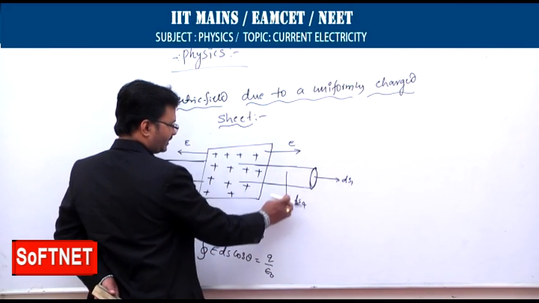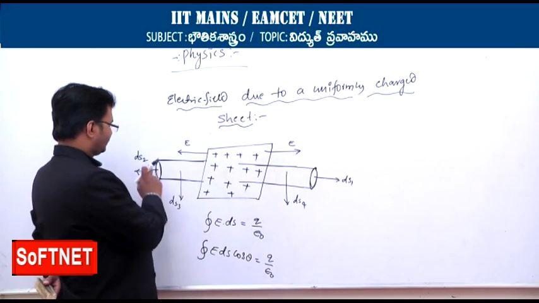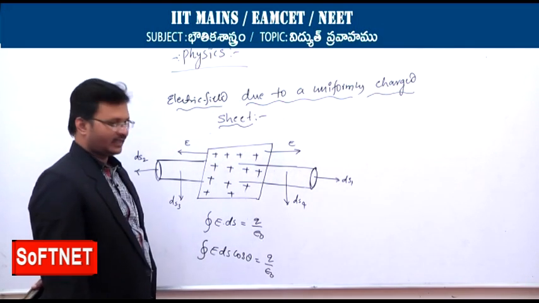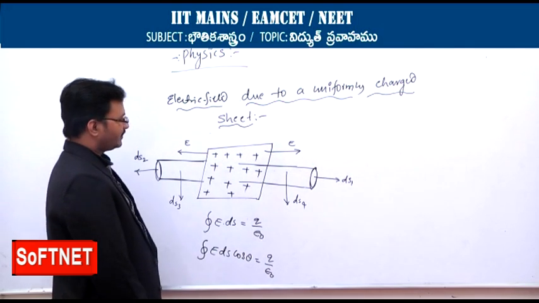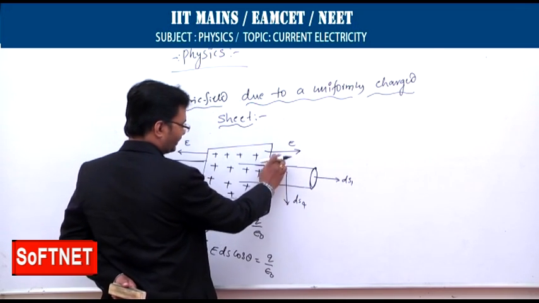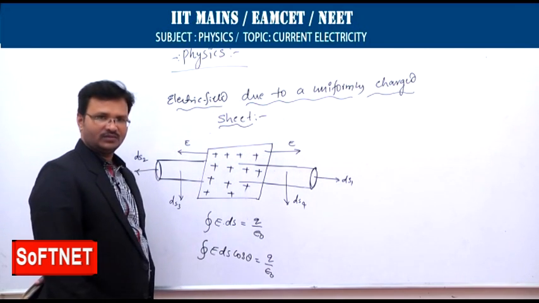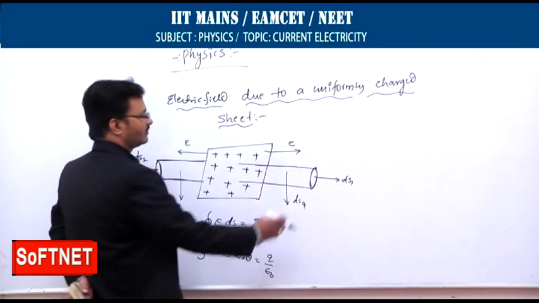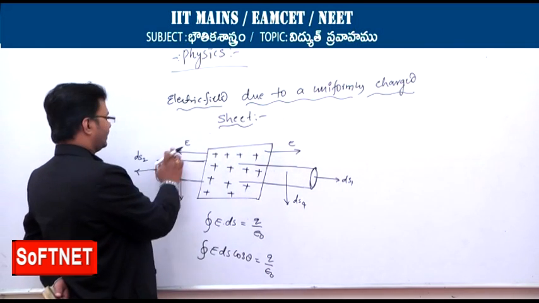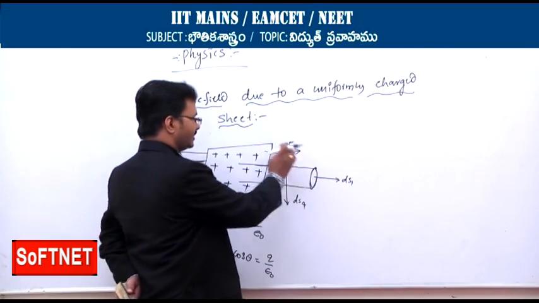For this surface 90 degrees, for this surface 0 degrees, this one 0, and this one 90 degrees. So flux passing through this area is 0 because of 90 degrees. Flux through this area is also 0 because of 90 degrees, and flux exists through this surface and this surface because the angle is 0 degrees.